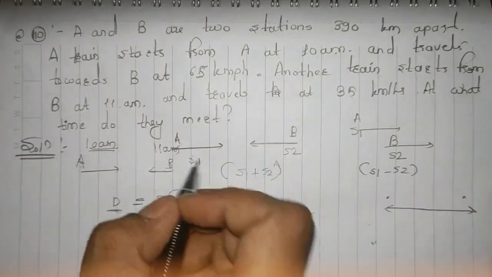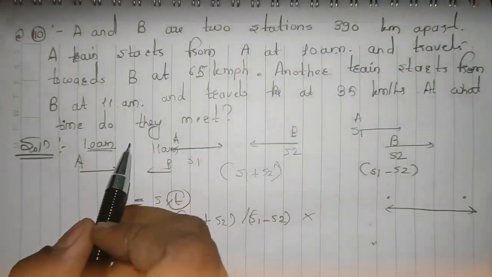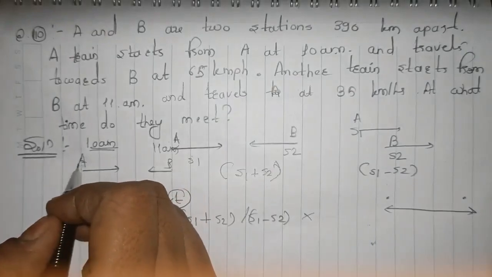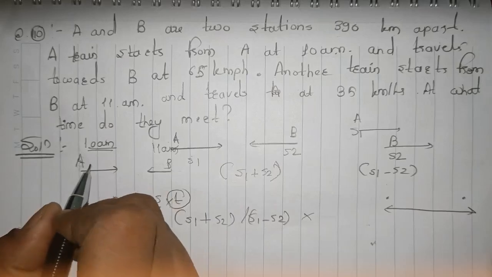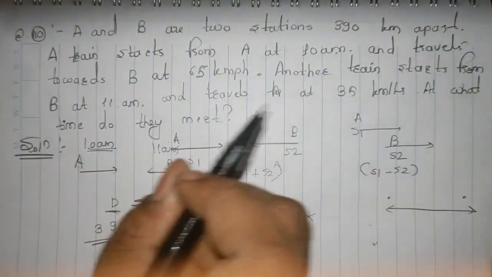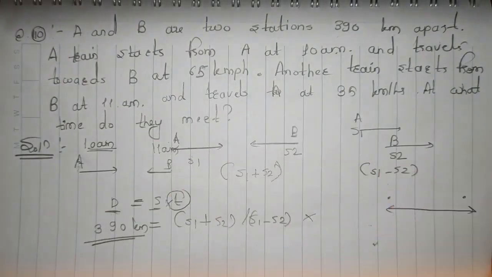B has not yet moved. In this type, we won't be considering this 1 hour distance covered by A. Am I clear? Why? Because in the concept of relative speed, we have to make sure both of them are moving at the same time.